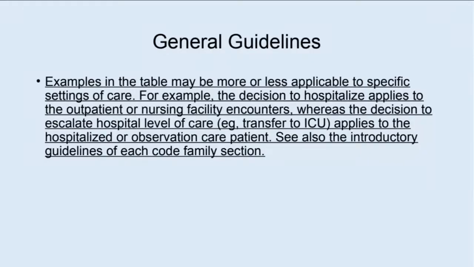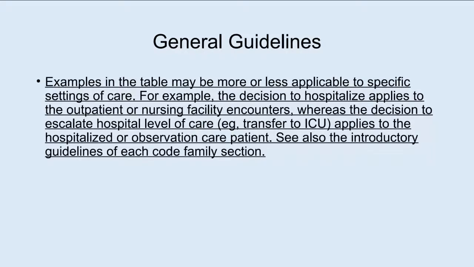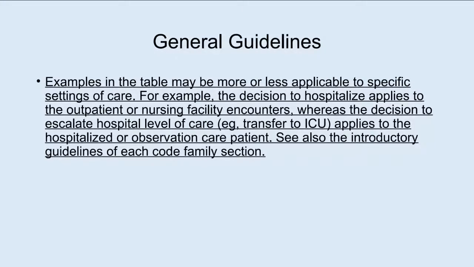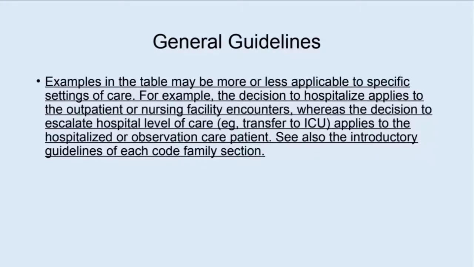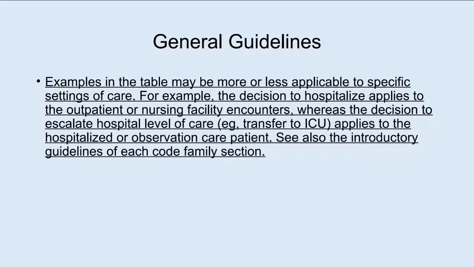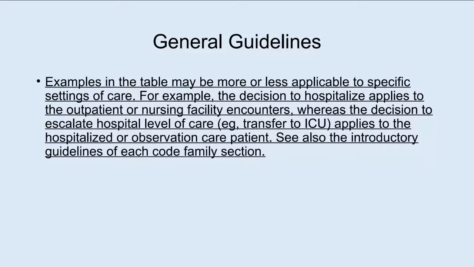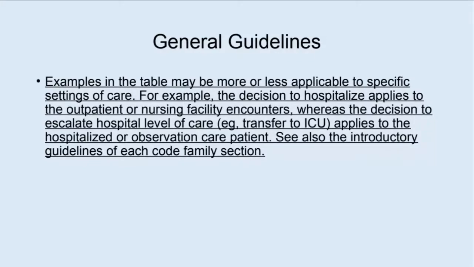See also the introductory guidelines for each code family selection. So this is just clarifying changes in escalation of care, outpatient or nursing facility to inpatient, inpatient to ICU, for example. That's what this is, just a clarification.